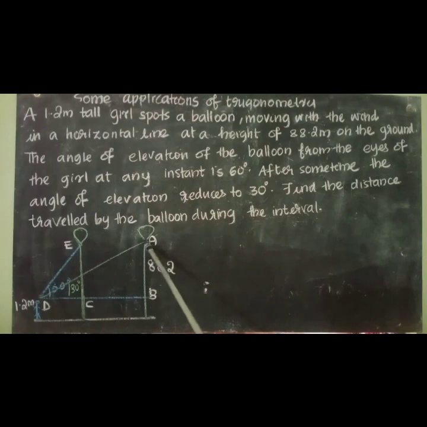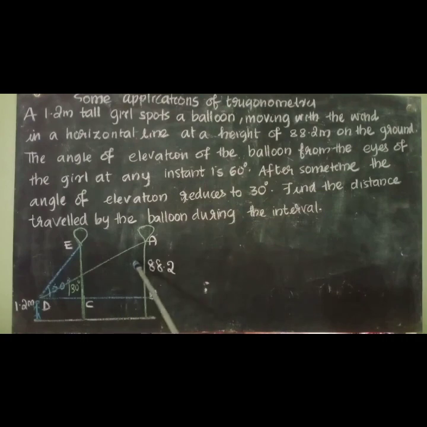Here I have given the name for the points A, B, C, D, E. So the balloon was first at the point E. Then its position changed to A. That means EA is the distance traveled by the balloon during the interval. EA is same as CB. So we need to find out the value of CB.